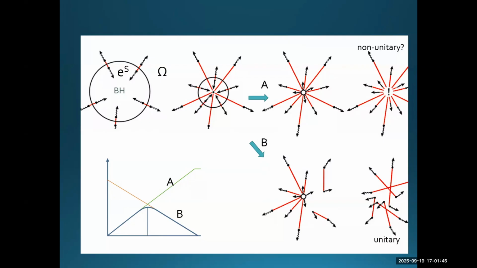But in the B case, there is no remnant in the black hole, and all the information is in a different configuration of entanglement. You mean in case A, entanglement arises between the inside and outside regions? Yes. And in case B, only the outside region. In the second case, the entropy is lower. Page.